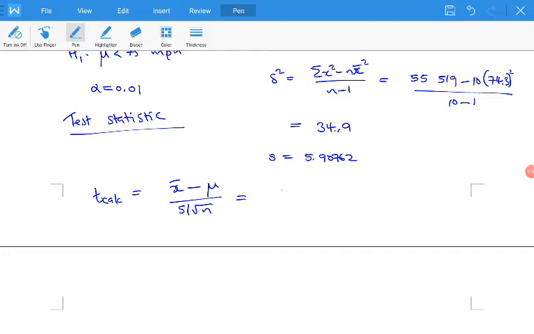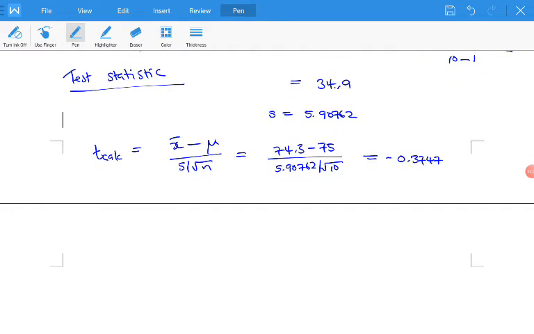So this is equal to 74.3 minus the hypothesized mean 75 all over 5.90762 over root 10. So the test statistic in this case is negative 0.3747.